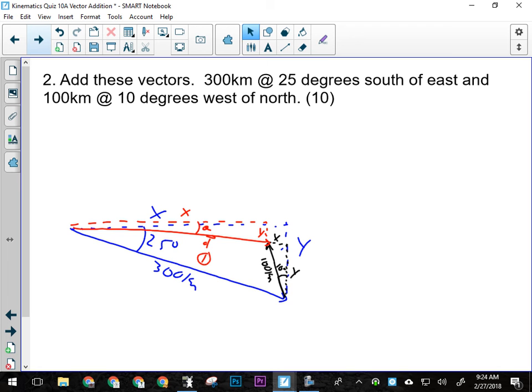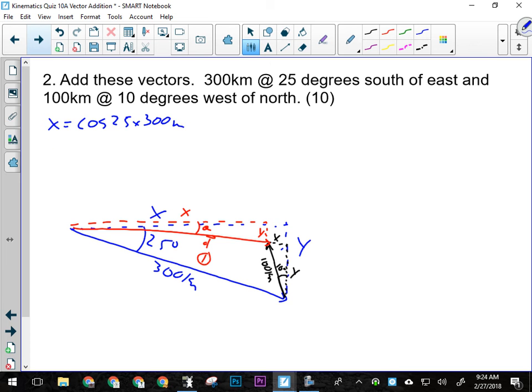Okay. Finding our x's and y's. Blue triangle was first, so we'll find those. Blue x is the adjacent side, so that'll be cos of 25 times 300 meters. All right, and y is the opposite side, so it'll be the sine of 25 times 300 meters. Oh, sorry, kilometers. Keep writing meters here, but it's kilometers.